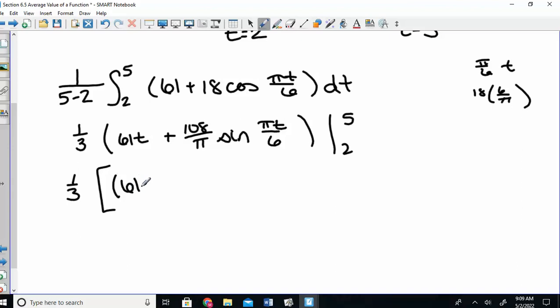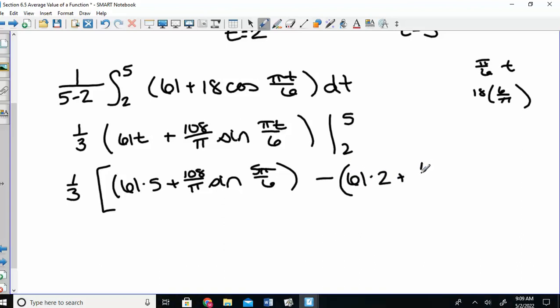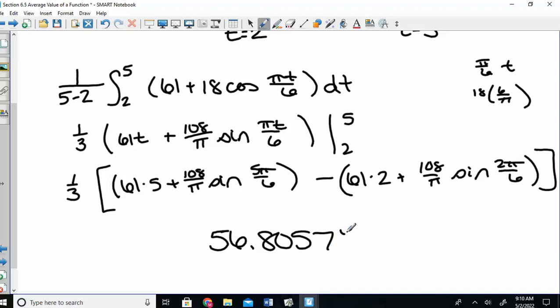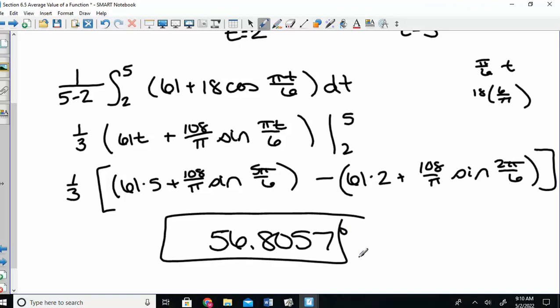So we have to do 1/3 times. I got an average temperature of 56.8057.